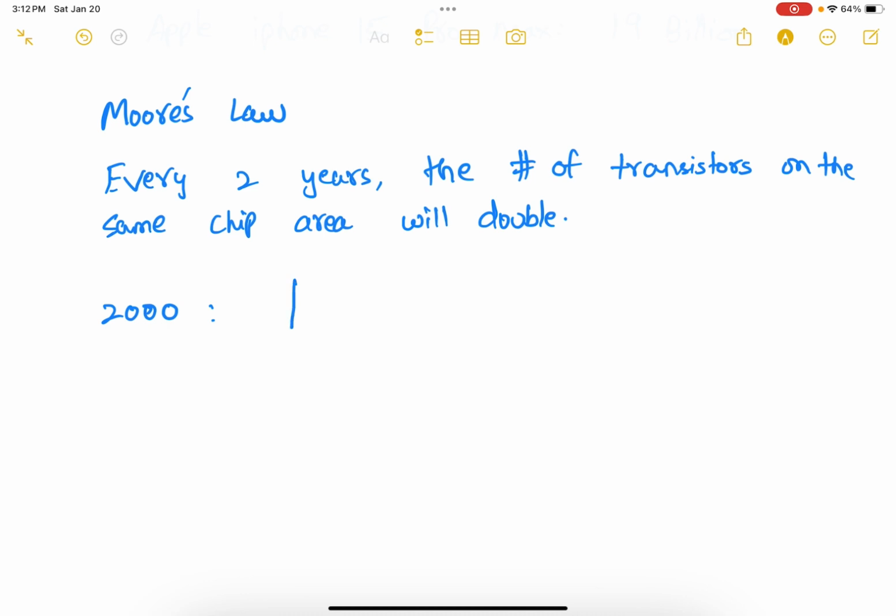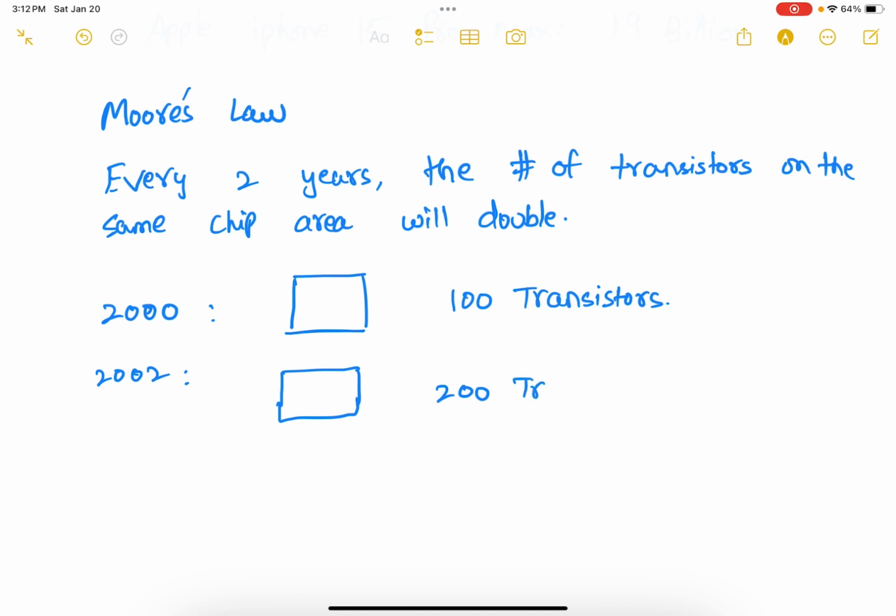In 2000, let's say this is our chip area, and we had 100 transistors on it. In the year 2002, for the same chip area, we are going to have 200 transistors. And in the year 2004, for the same chip area, we can fit 400 transistors. This is what Moore's law states.